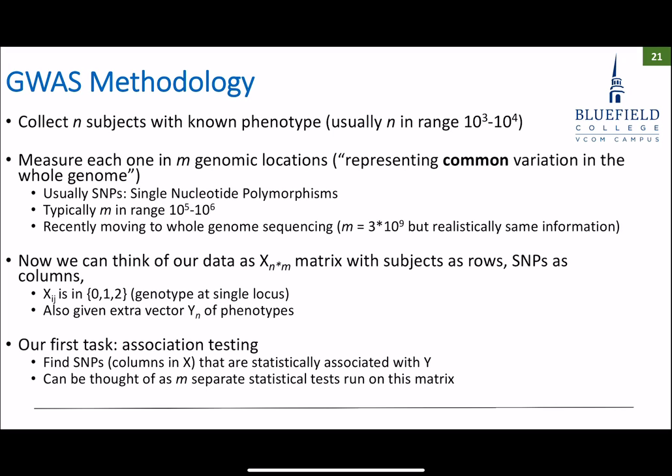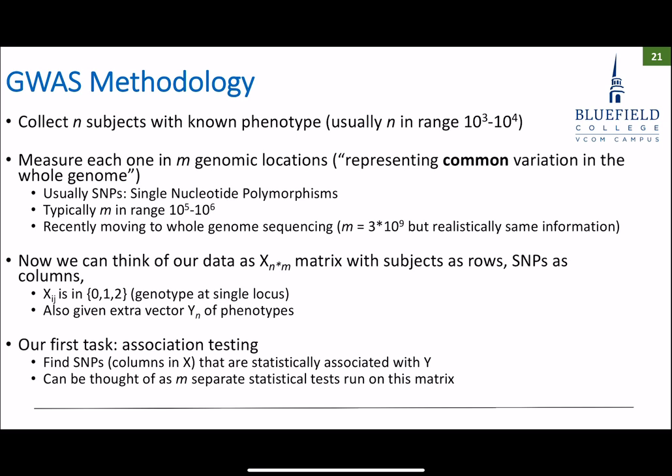We need to find SNPs or genotypes, which will be organized into columns, X, that are statistically associated with Y. Then we need to run statistical tests, like M separate statistical tests. M refers back to the number of genetic markers or genotypes, and it may be more clear when I show you how this works.